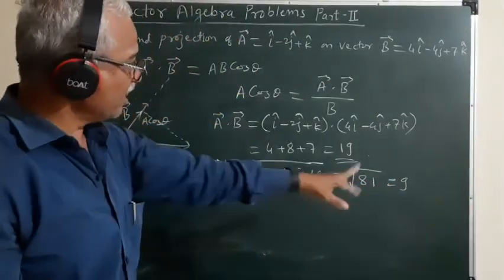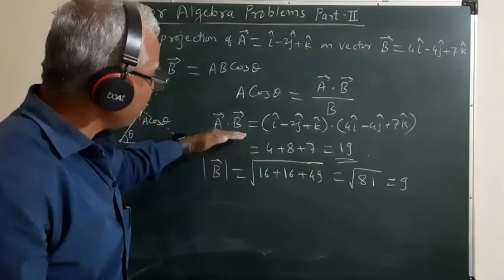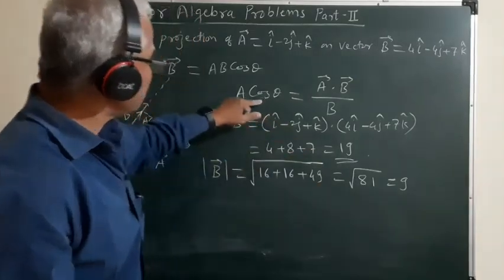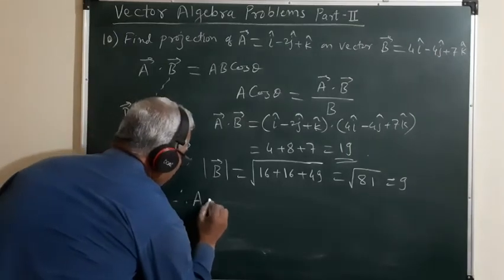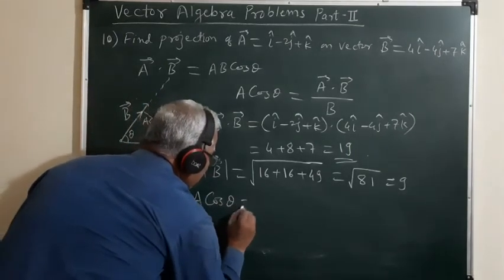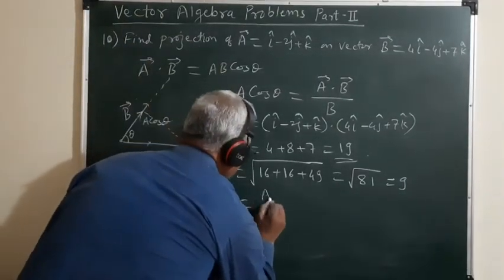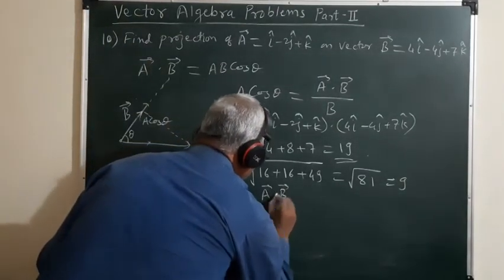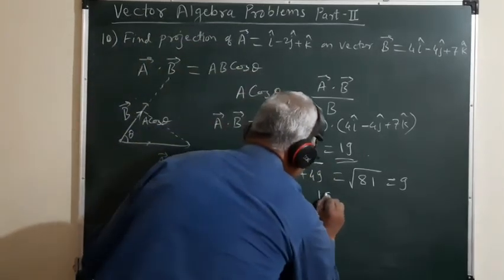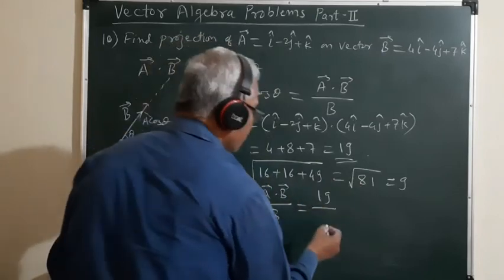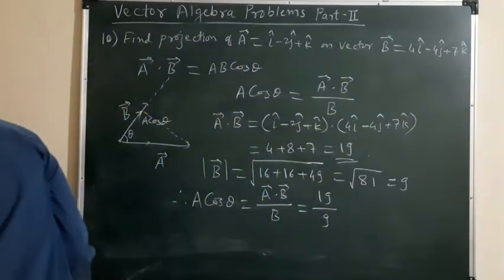The magnitude of B bar is 9 and A bar dot B bar is 19. So using these values in the expression for A cos theta, we get the component of A bar in the direction of B bar as A bar dot B bar upon B. A bar dot B bar is 19 and mod B bar is 9, so it is 19 by 9.